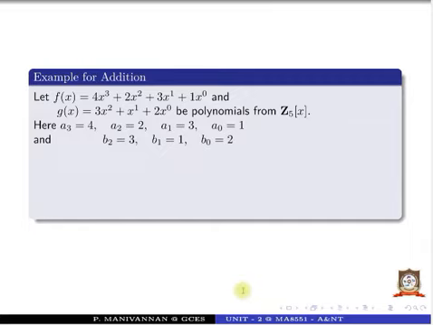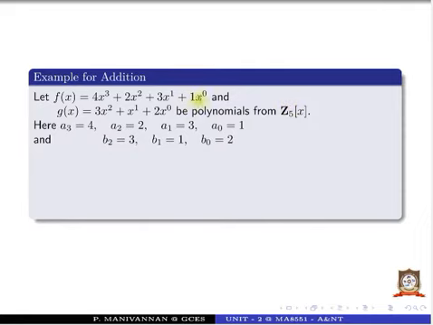Then, an example for addition. Let f(x) equal to 4x^3 + 2x^2 + 3x^1 + 1x^0 and g(x) equal to 3x^2 + x^1 + 2x^0 be polynomials from Z5[x]. Why here? What is the meaning of Z5?